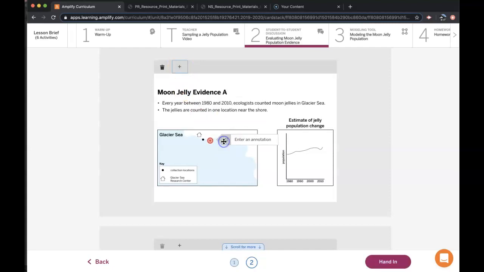So, for example, here I would write "only collecting in one location," because I think that's important.